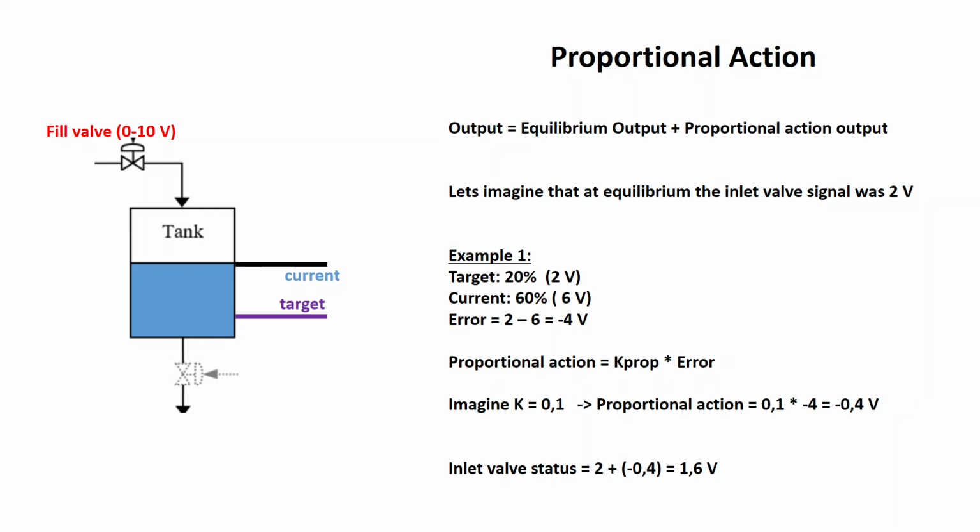So the value that we will send to the field valve, which remember was between 0 and 10, will be the equilibrium output, which again has already been set since the beginning, so that's 2, minus 0.4, which is equal to 1.6 in this instant. So again, what we can see here is that the equilibrium value is diminished so that the inflow is lesser, and then the system hopefully descends. So that's how the proportional action works.